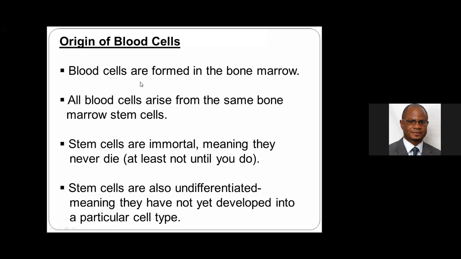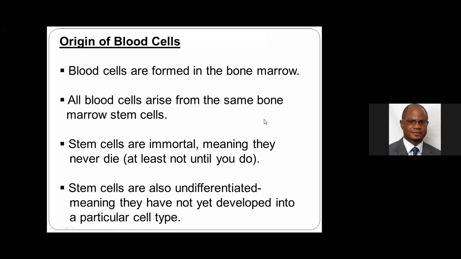But in terms of hematology, we are keen on the fact that blood cells are formed in the bone marrow, and they all come from the bone marrow stem cells, which are immortal, meaning that they will survive until the person who owns them dies.